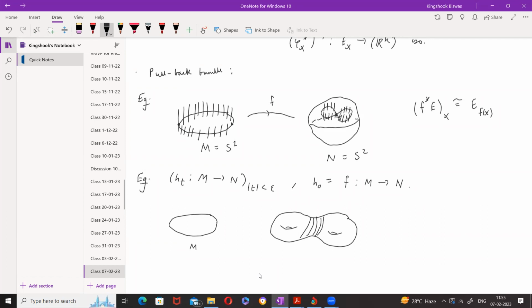Now I take a point x in M. So that gives me a curve in N, namely I fix x and I look at the curve.